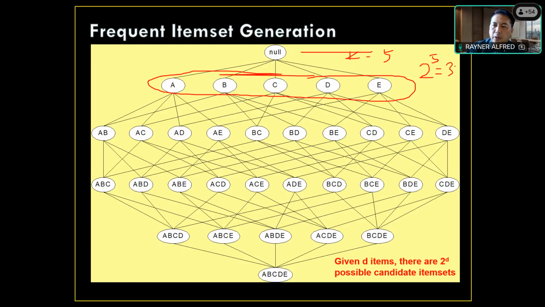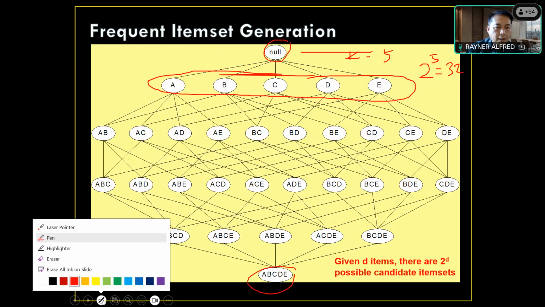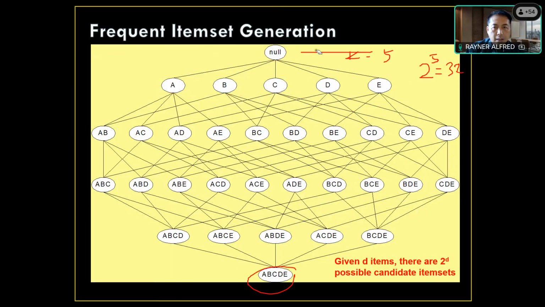This includes the empty set and the full set. We will use this in order to find the frequent item set. We will start here and then go down. These are all the possible combinations.